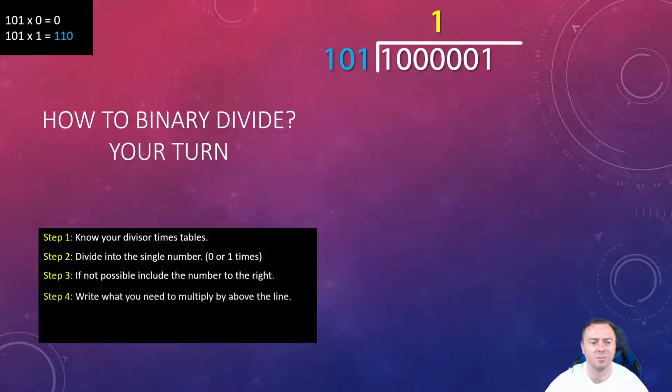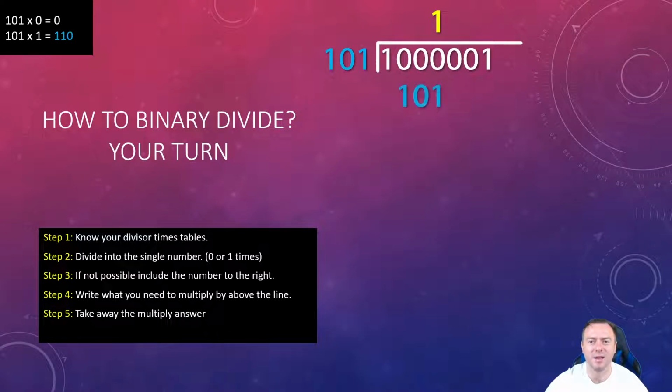Okay, and then if it's not possible, you basically write the zeros underneath it. So 1 lot of 101, you go 101. We then subtract it. We've got to borrow all the way from that left-hand column. So again, you don't need to use 2's complement with this. You can cheat, okay? You have my permission to do it with these ones. So we're going to borrow from the 1. So we cross that out. That becomes a 1. That crosses out and becomes a 1. And then you're left with 2 on the top, right?